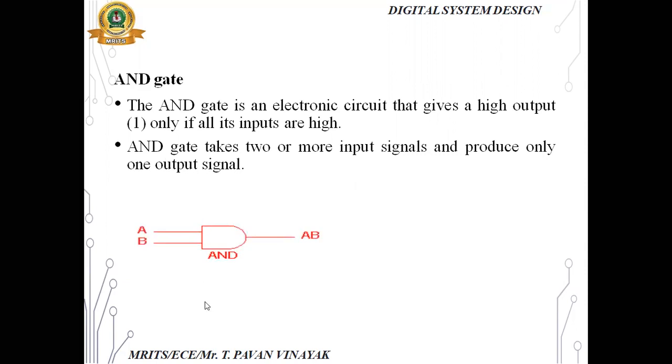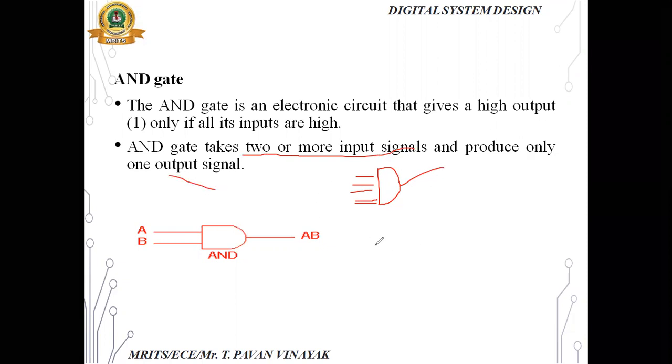It looks like a D. Write a D and inputs. If I want a three input AND gate, you have to draw like this: 1, 2, 3. If I want four inputs, 4. If I want five inputs, 5. Because an AND gate can take two or more inputs but only one output.